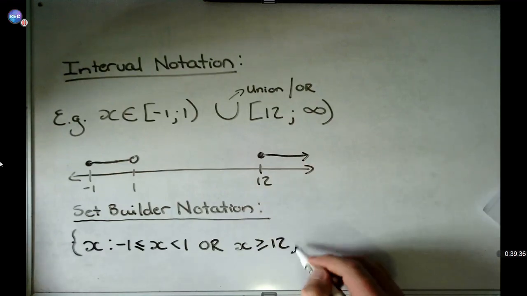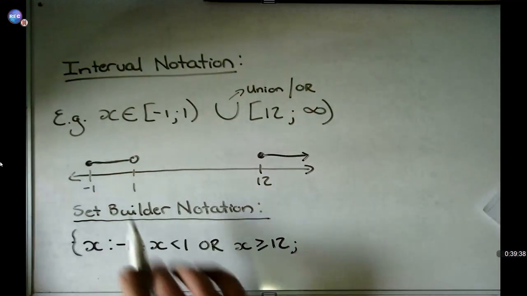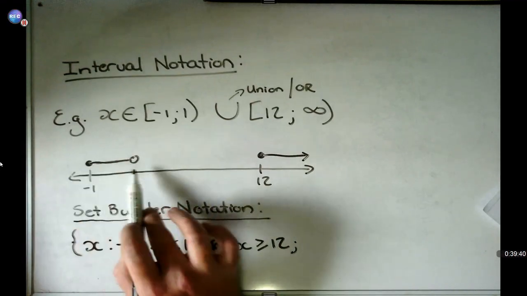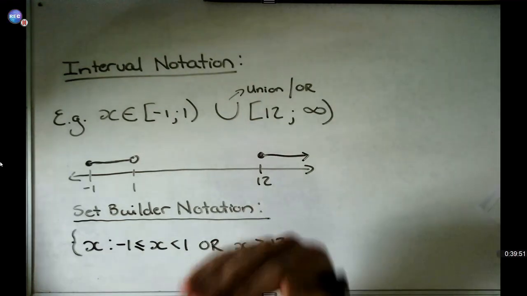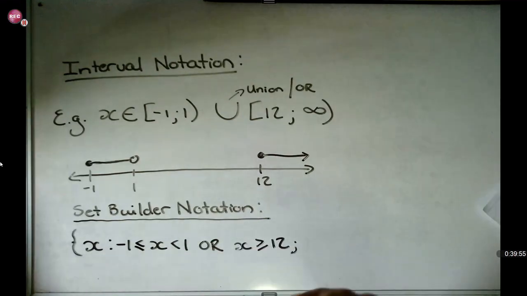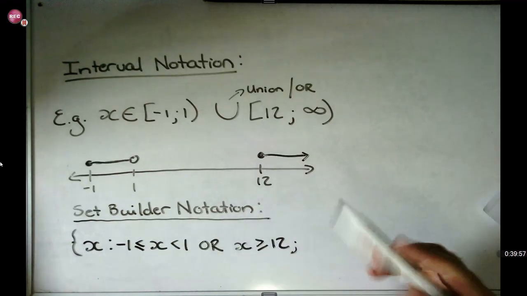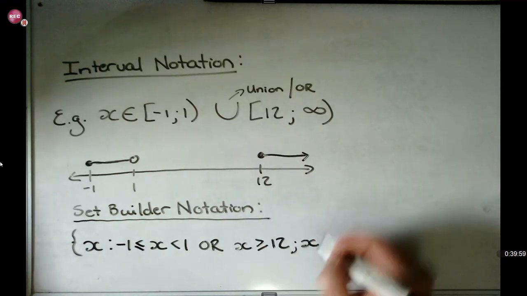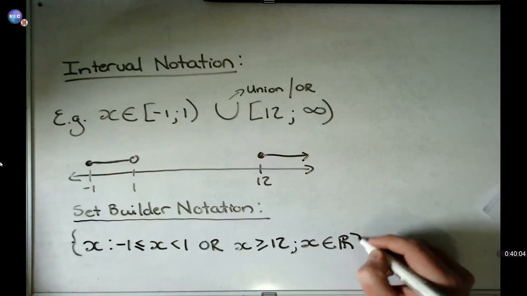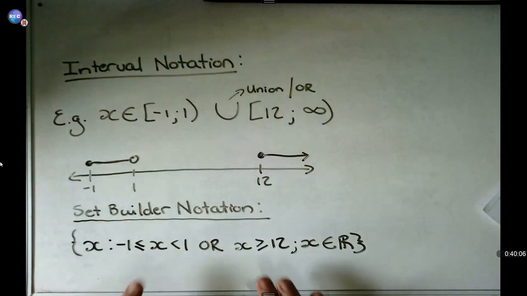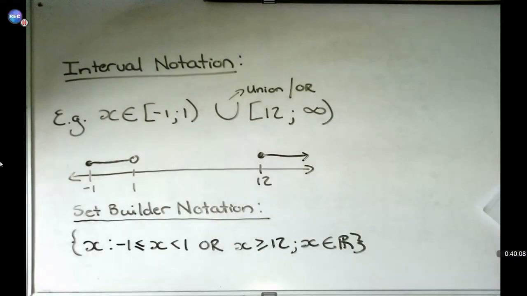And because it runs to infinity and because we had a line drawn here between the numbers, you cannot use specific number systems such as natural numbers, integers, etc. because your irrational as well as rational numbers are included, which means your fractions are included. So your number system that you're going to use here would be the element of real numbers, and there is your set builder notation from this.